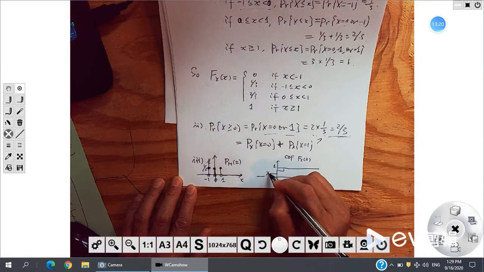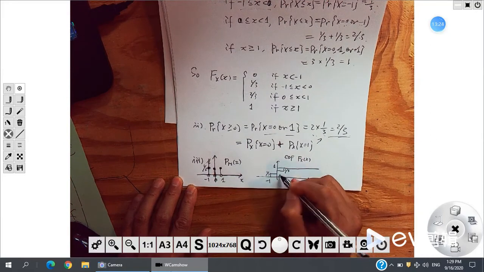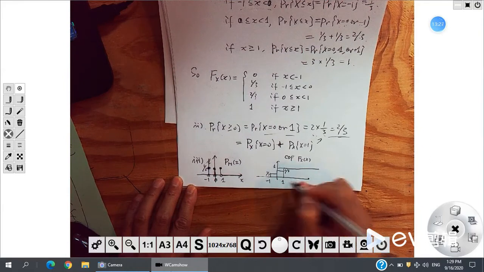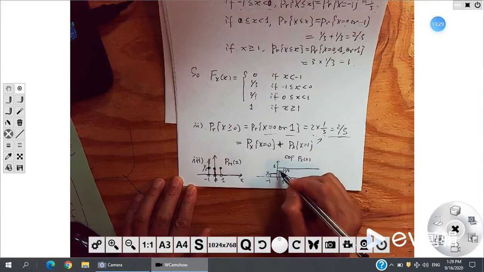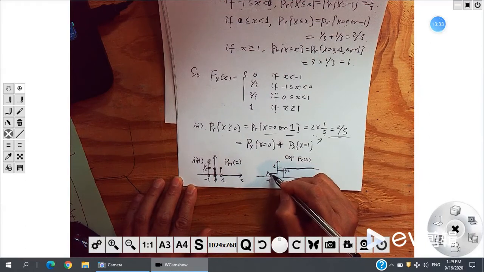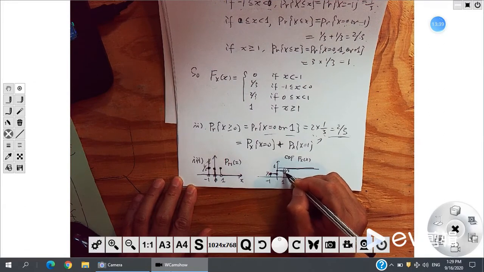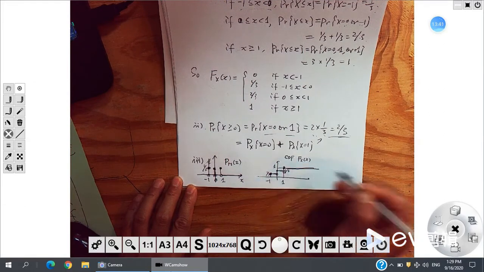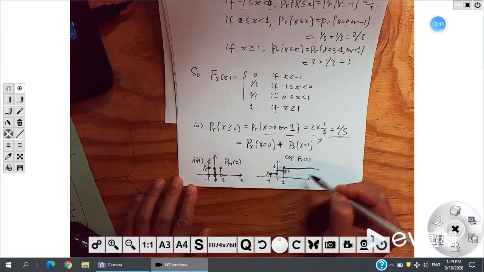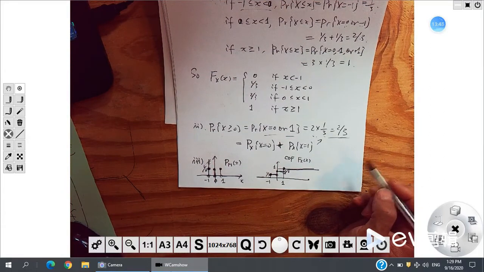This is 1/3, this is 2/3, and this is -1, 0, and 1. Right? Okay, and at this point, this will be solid. This is an empty circle, and this is solid. So the CDF looks like this.